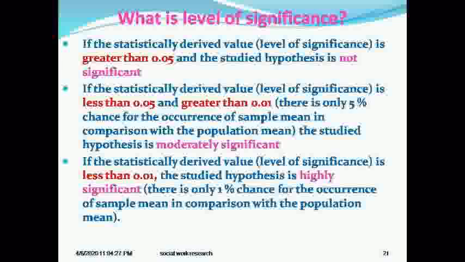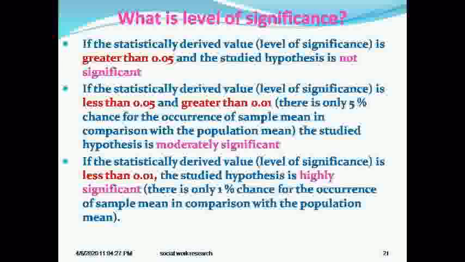If the derived value is more than 0.05, then we have to reject the hypothesis. We have to say that there is no association between these two variables, which means higher income doesn't mean higher crime rate or lower crime rate. There is no significant relation between the income of the respondent and the rate of crime. So the study which we have conducted does not lead to any conclusion.